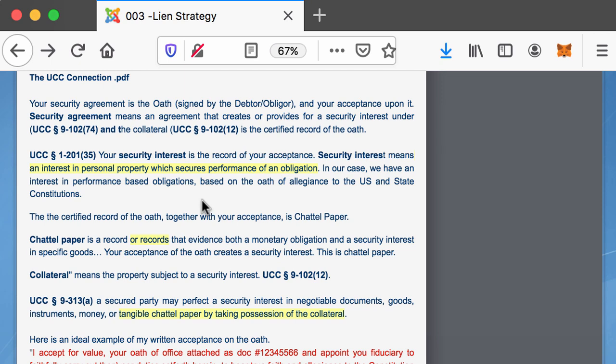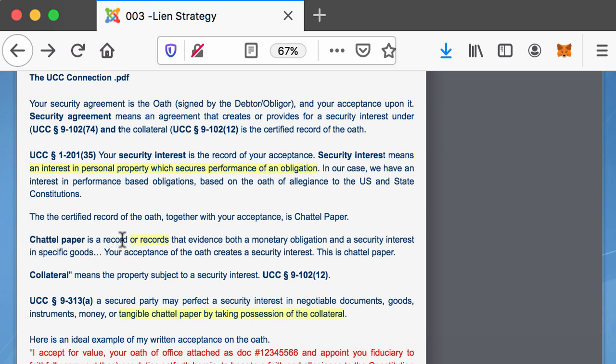You make that acceptance, run it through the copy machine, and send the affected party notice that you've accepted their oath of office. But you keep the originals, because that's your original security interest, and as we're going to see, it's also chattel paper. So the certified record of the oath, together with your acceptance upon it, is chattel paper. Why? Because there's the commercial obligation, which is the bonds that support it. Well, let's look at the definition.